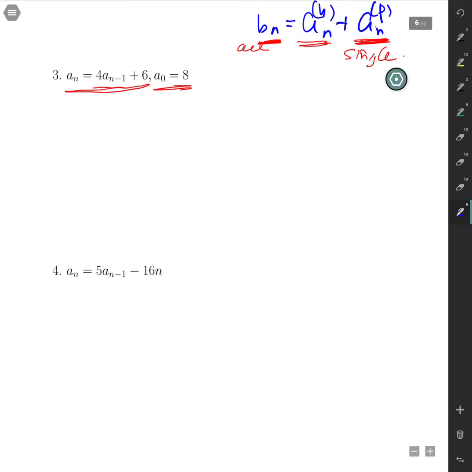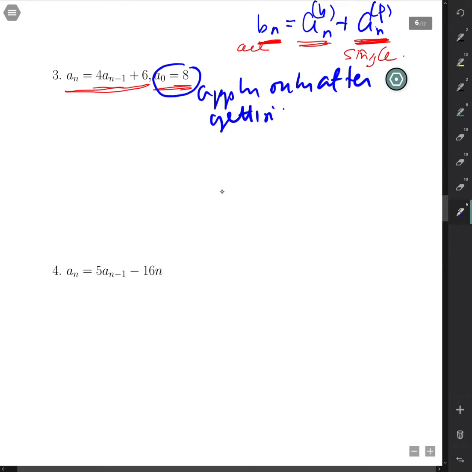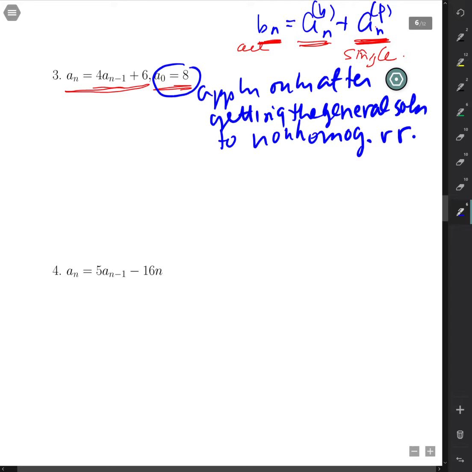You want to apply this only after getting the general solution to the non-homogeneous recurrence relation. Okay, we do now have that.